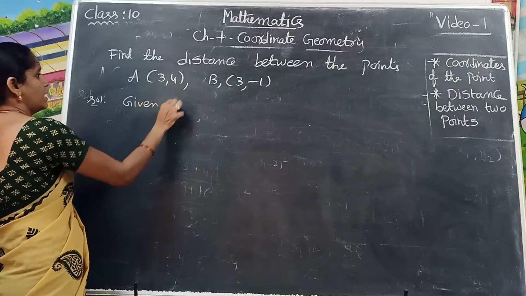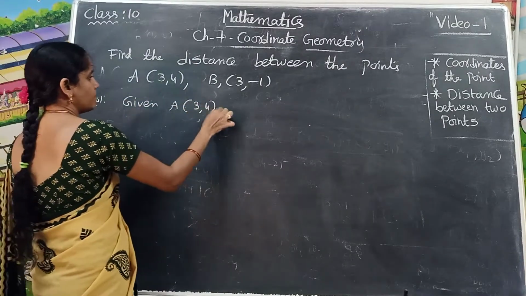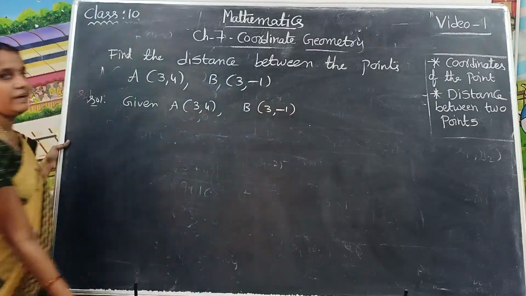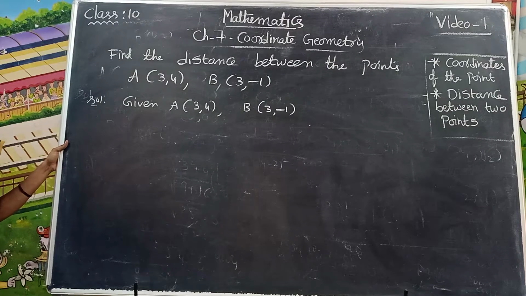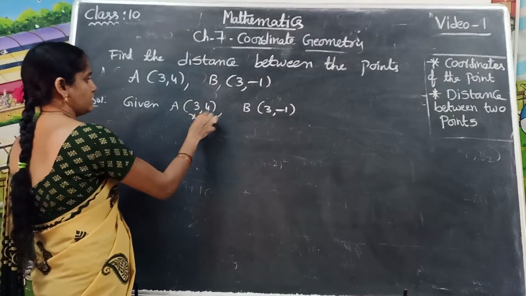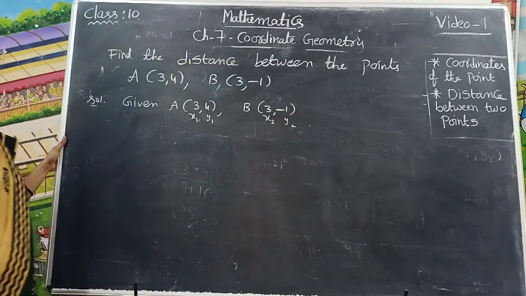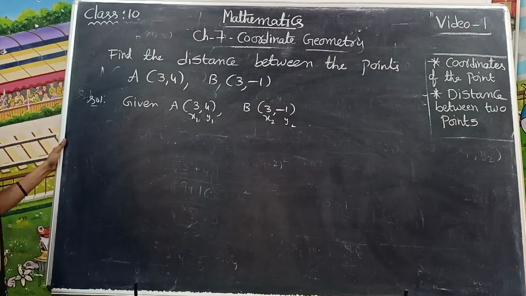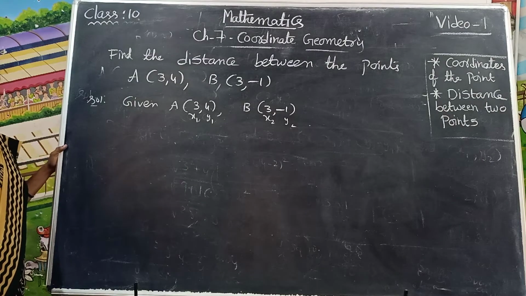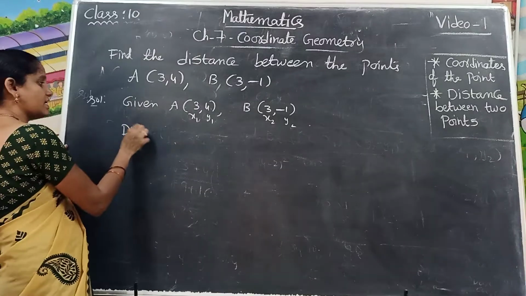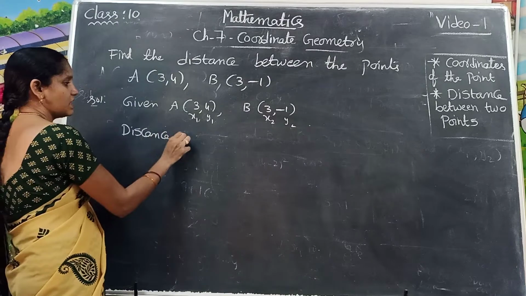Given A 3, 4, B 3, minus 1. Here in these two coordinates, what you observe? Here x coordinates are same. So this is x1, y1, x2, y2. What you observe here? X coordinates are same. If x coordinates are same, we can apply directly the formula root x2 minus x1 whole square plus y2 minus y1 whole square. Otherwise, if x coordinates are same, then what is the formula?